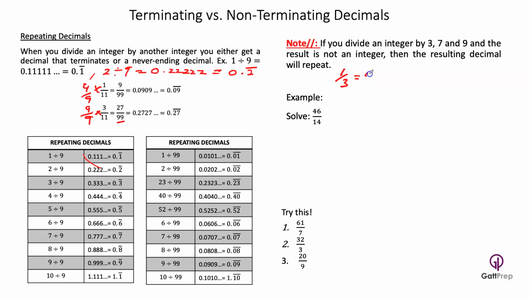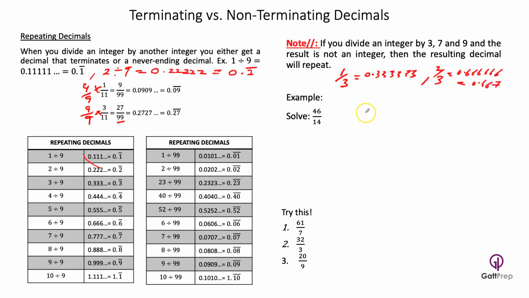This is 0.333333. Now 2 divided by 3 will also repeat, and this will be 0.666666, which can be approximated to 0.667.